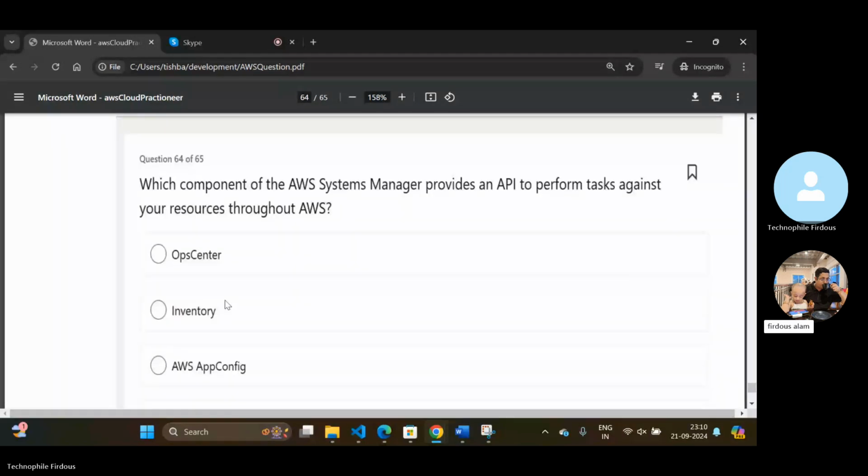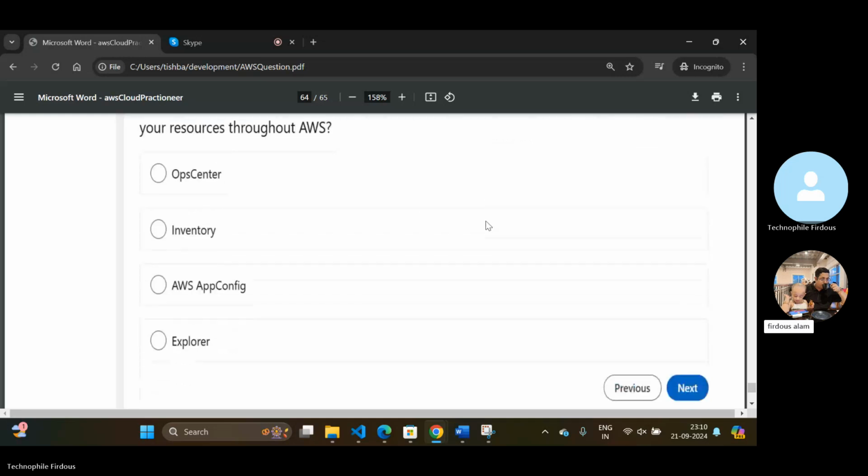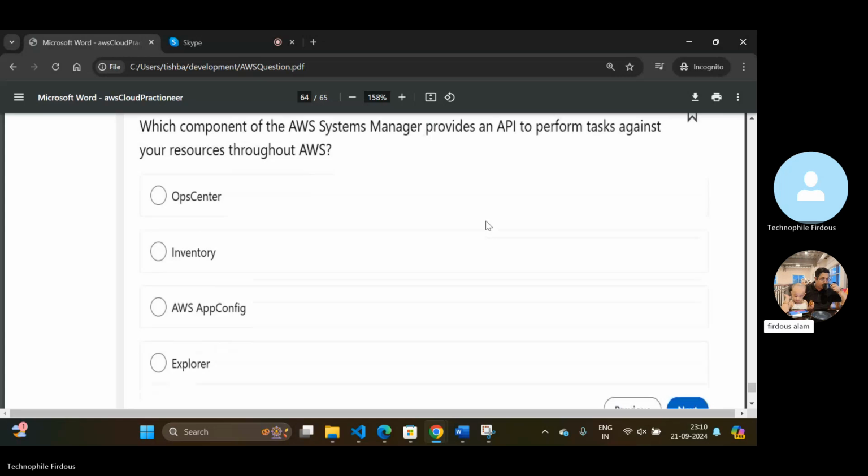Second last question is this: which component of the AWS Systems Manager provides an API to perform tasks against your resources through AWS? Out of these, which thing can we manage through an API?